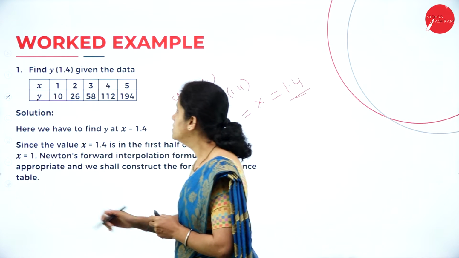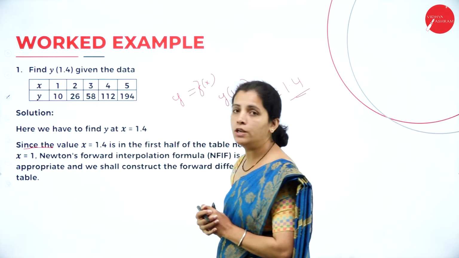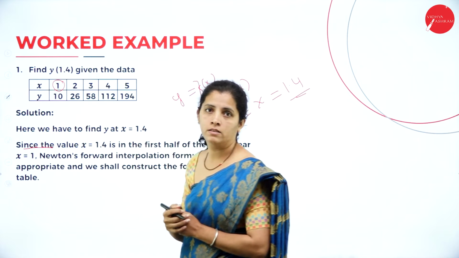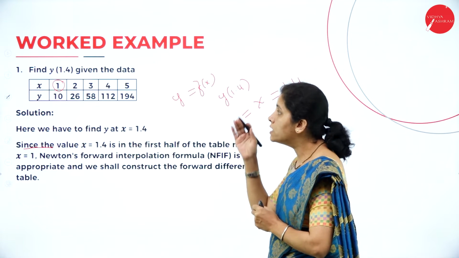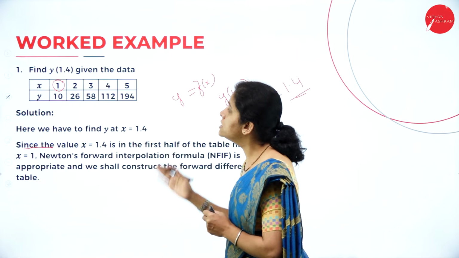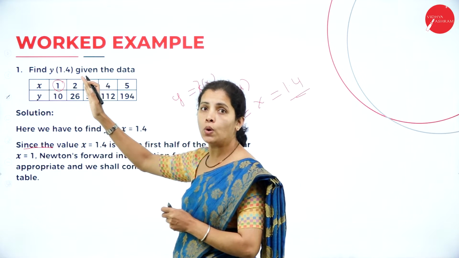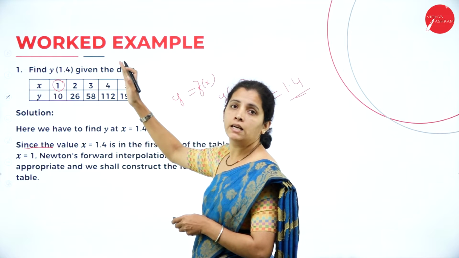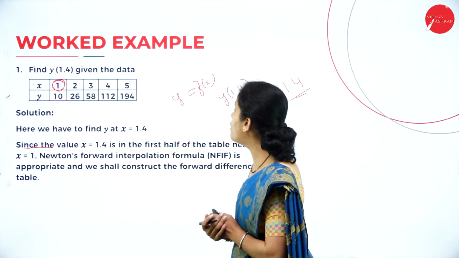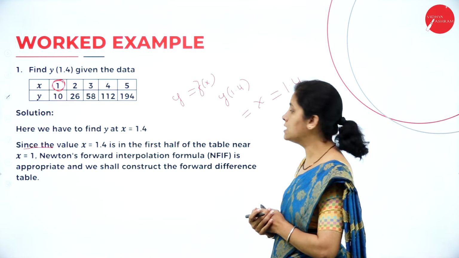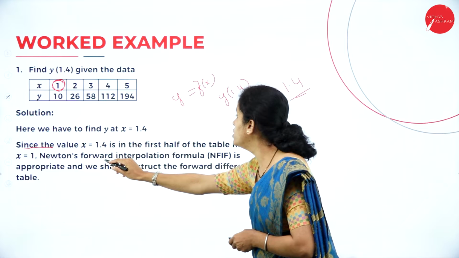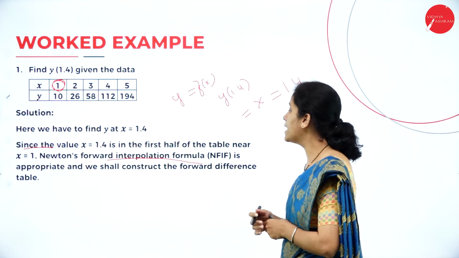Now since the given x value, that is 1.4, is nearer to 1, it is forward interpolation. So it is nearer to 1, so it is forward interpolation. In the sense, I want to apply the forward interpolation formula, that is NFIF.